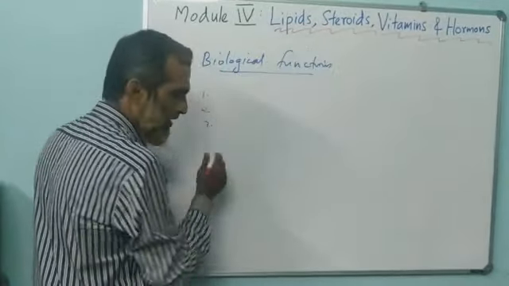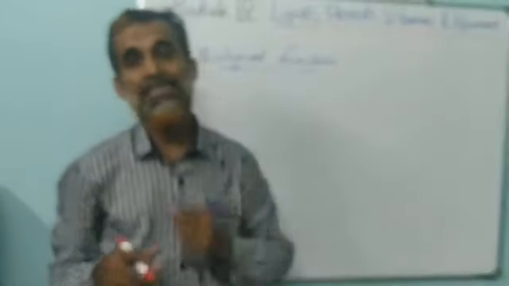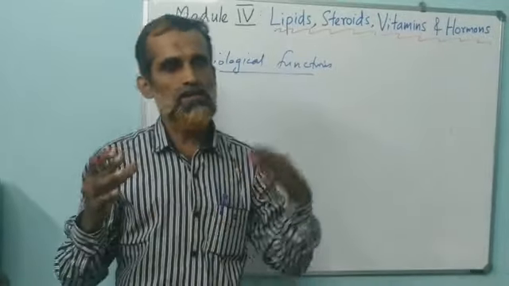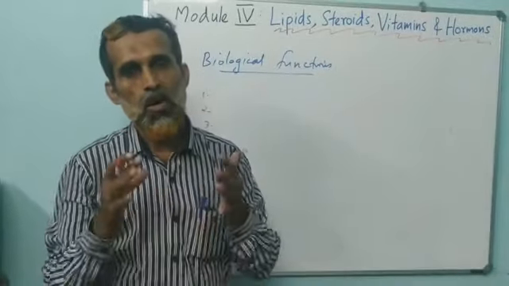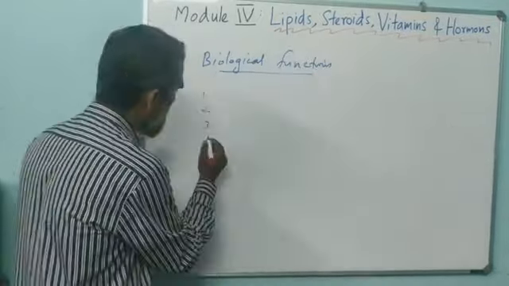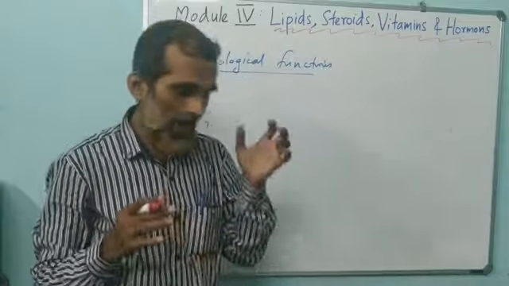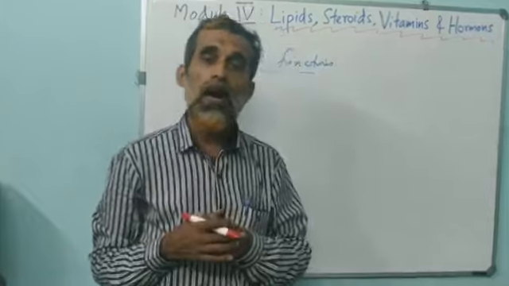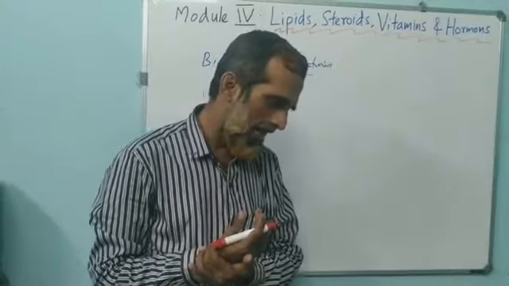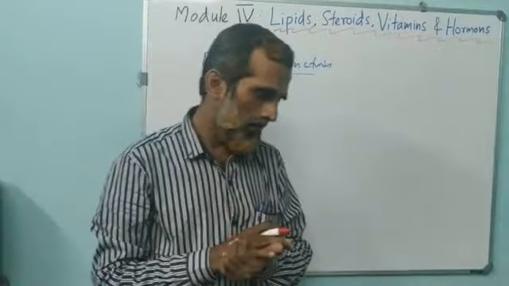Number three, the phospholipids, which act as an important structural component of the cell wall. Phospholipids, we will discuss in detail about their role in the cell membrane. And the fourth one is waxes, another important class of lipids. Waxes act as a protective coating for animals and plants, and they prevent loss of water from the plants.